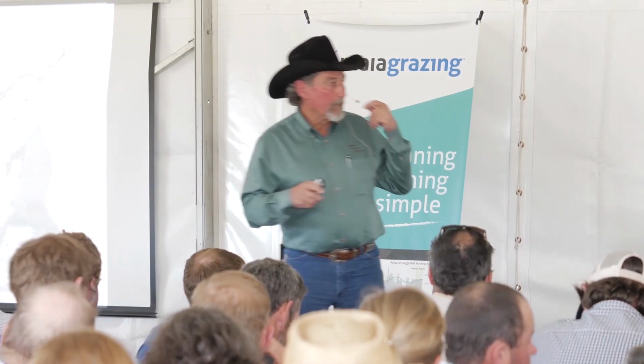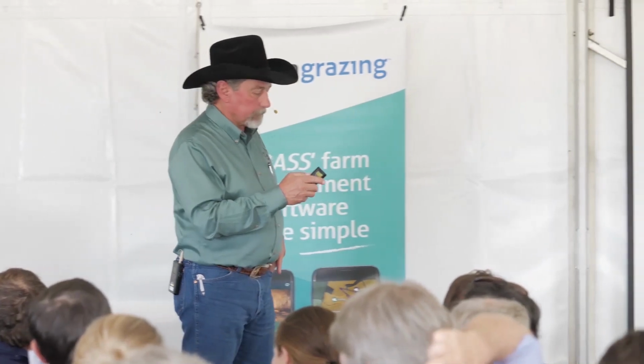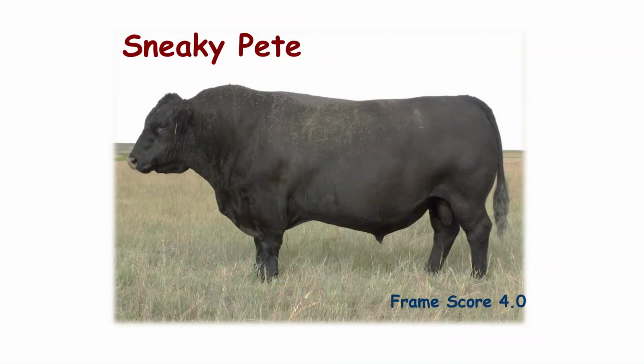We have some thick, easy fleshing 4-frame bulls that weigh a ton or more. There's a 4-frame bull, Sneaky Pete. He could easily weigh a ton, and I wish I knew. What's a ton? 2,204 kilos?